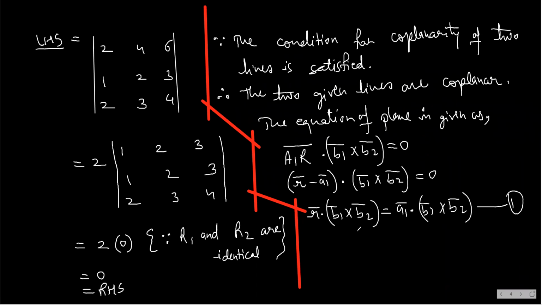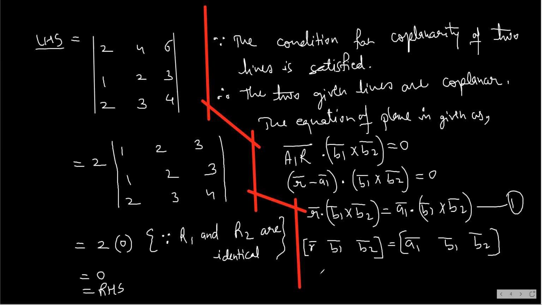So basically, what is this? Say they're asking me the Cartesian equation. So you have the box of R bar, B1 bar, B2 bar here, and here you have A1 bar, B1 bar, B2 bar. If they are asking you the Cartesian equation, this is going to get you the Cartesian equation.